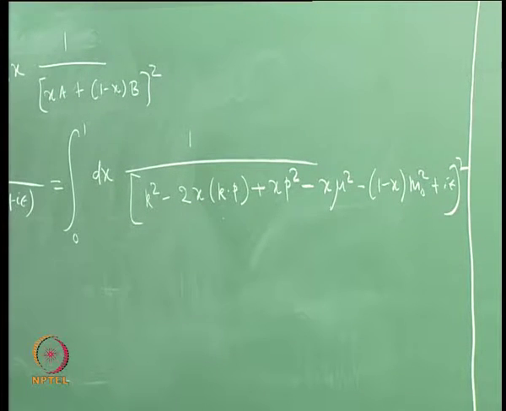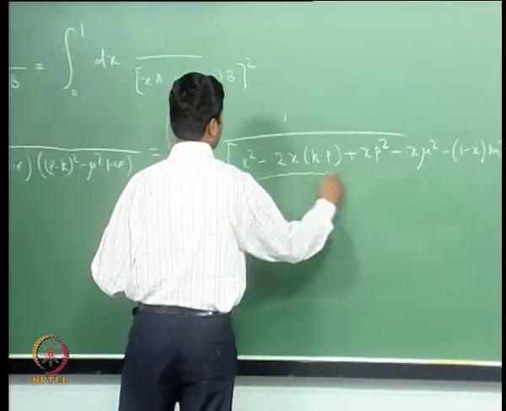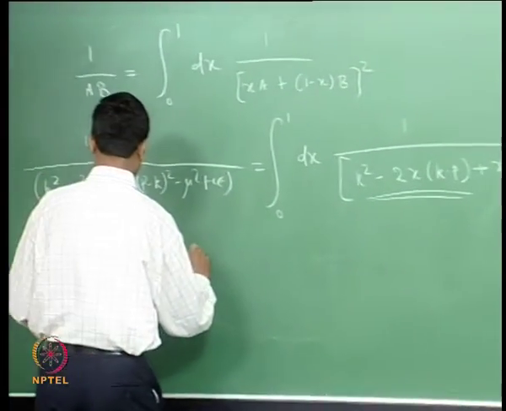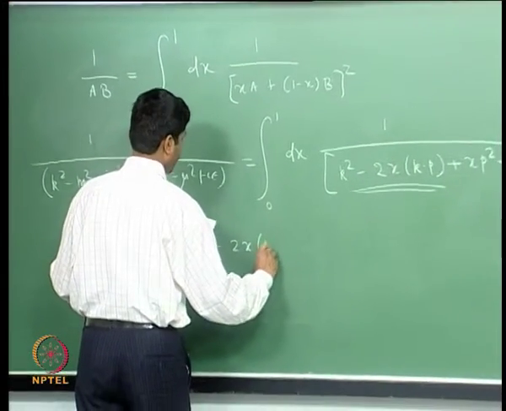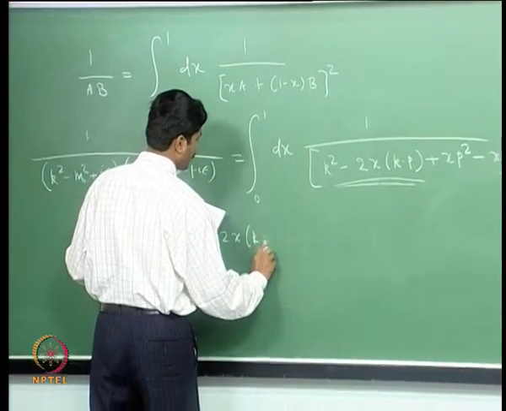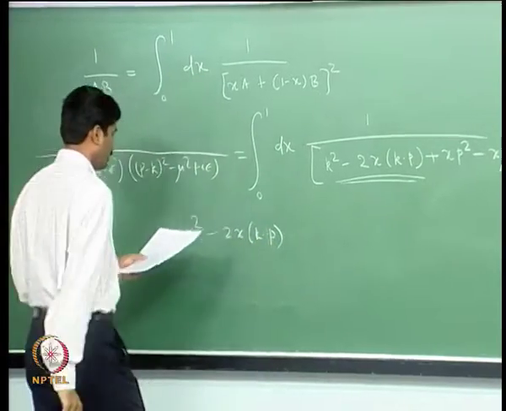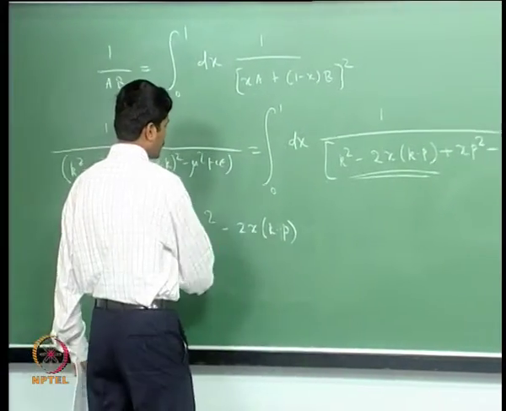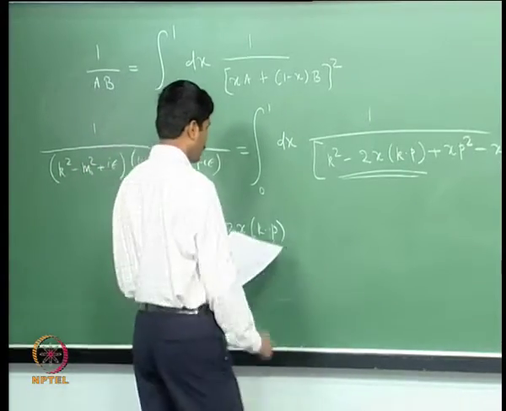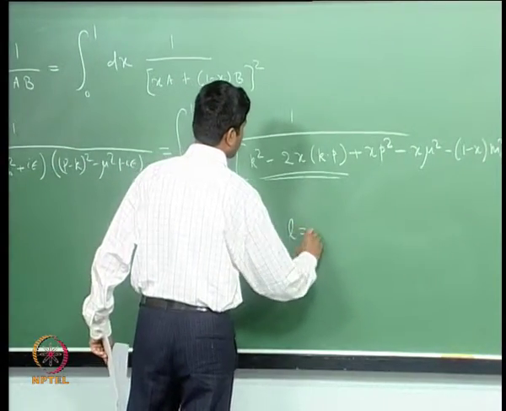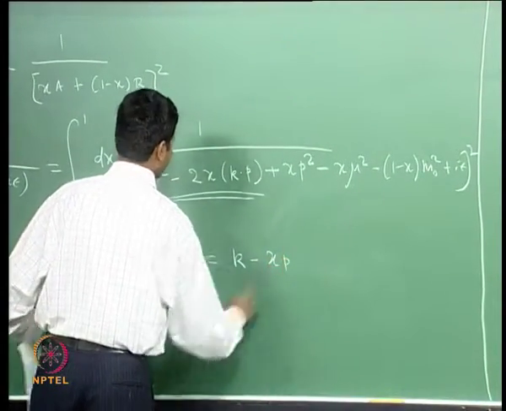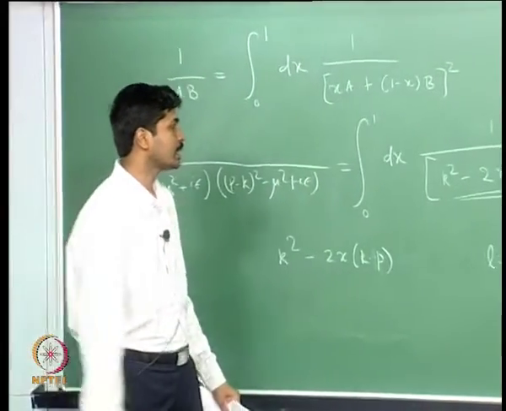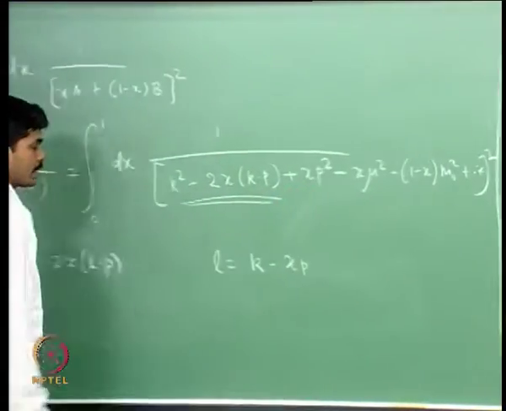So I just consider the term k square minus 2 x k dot p. To absorb this linear piece, I introduce the variable L, which is k minus x p, and then I can write the denominator in terms of L square and so on.